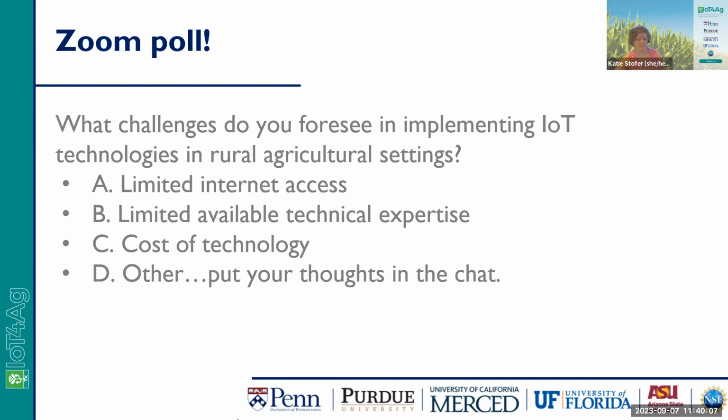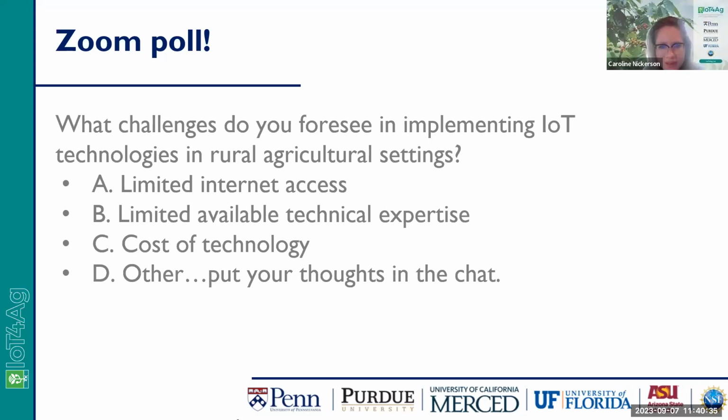So people are getting their responses in. Everyone, please go ahead and vote. It looks like so far, a lot of people are indicating limited internet access, 13%, and 33% say limited technical expertise. We've got cost of technology at 47%. And then of course, we have someone who said other, and they put in the chat limited time.